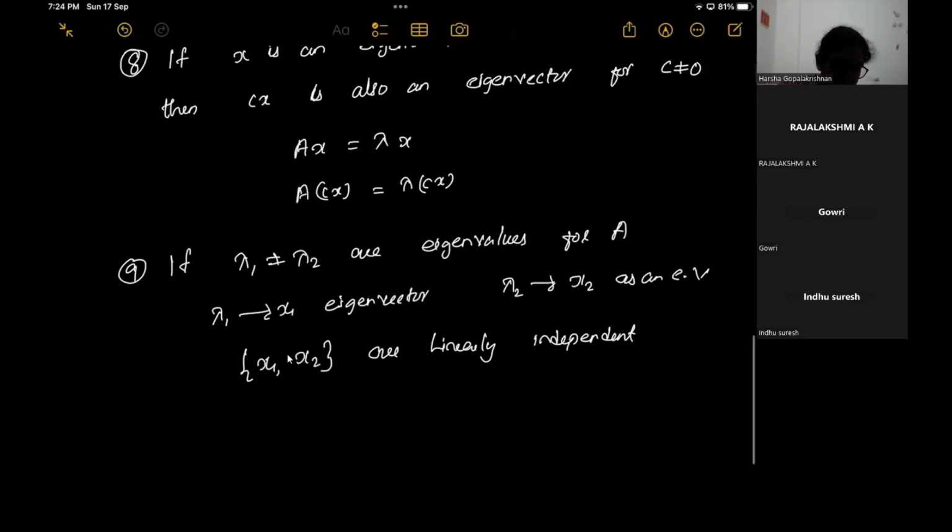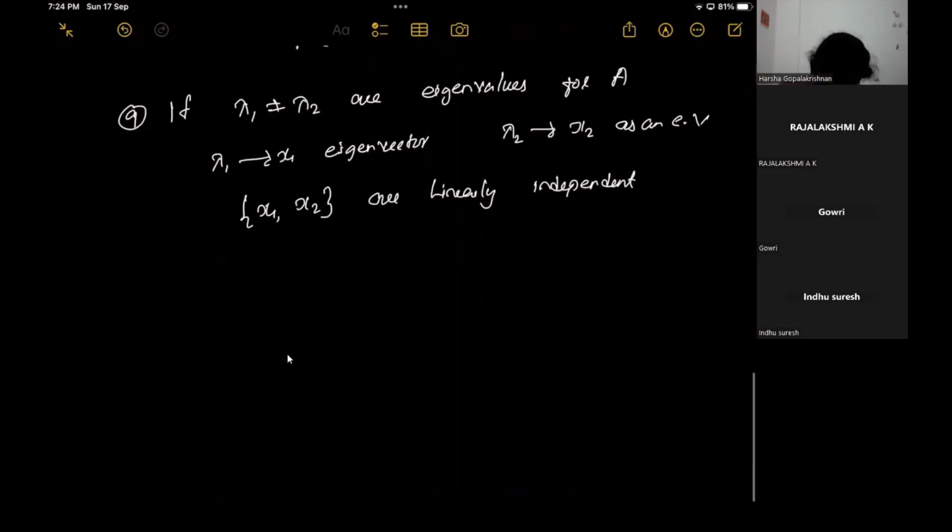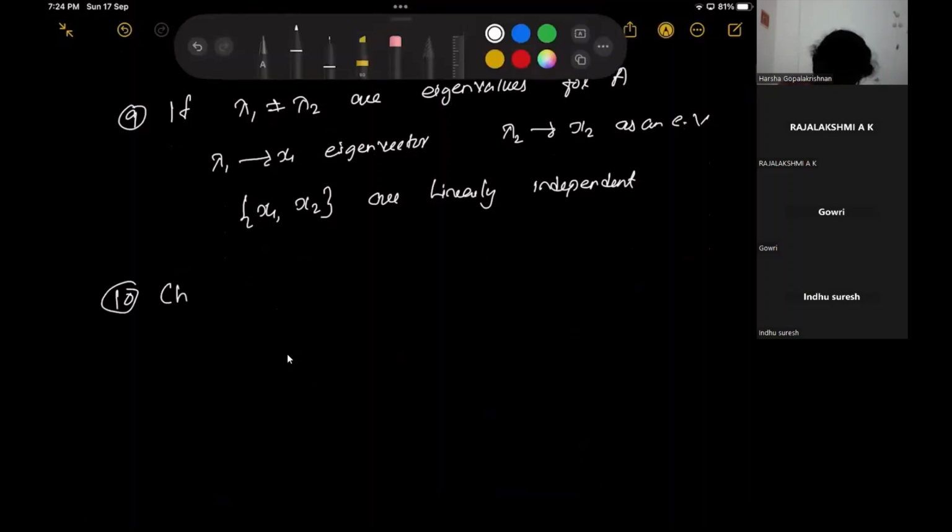Now, what is an eigenspace or characteristic space? Can anyone say what an eigenspace is? So V lambda means the eigenspace corresponding to the eigenvalue lambda.